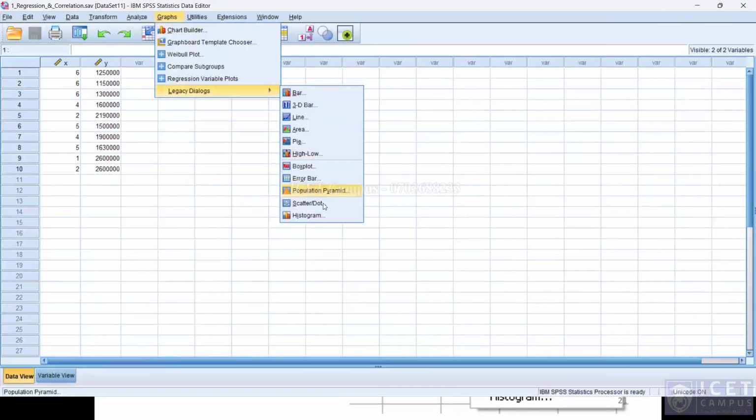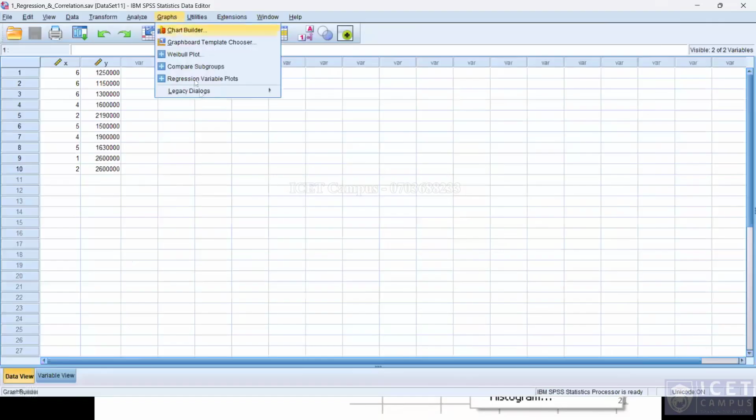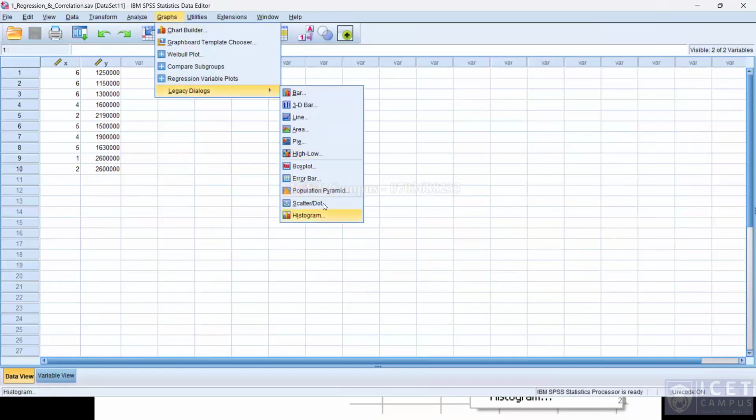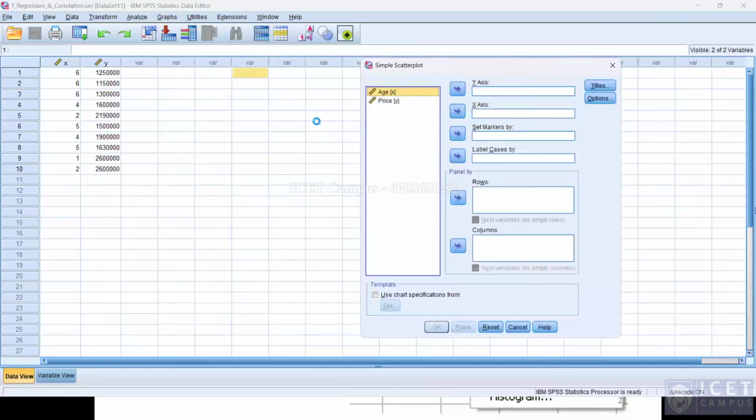Right. To check whether the relationship between the predictor variable and the response variable is linear in nature, we can draw a scatter plot. Go to Graphs, Legacy Dialogs, Scatter plot, Simple Scatter, then choose the y-axis and the x-axis.